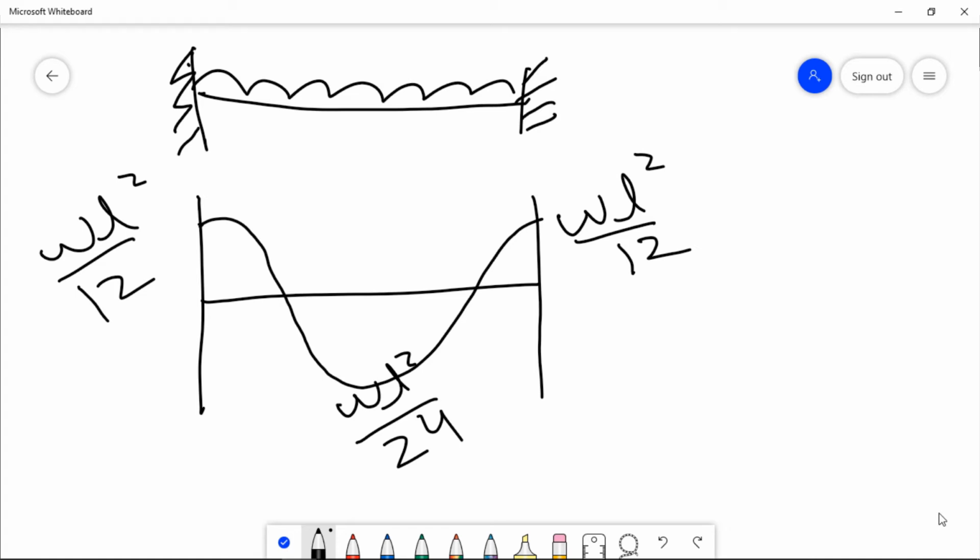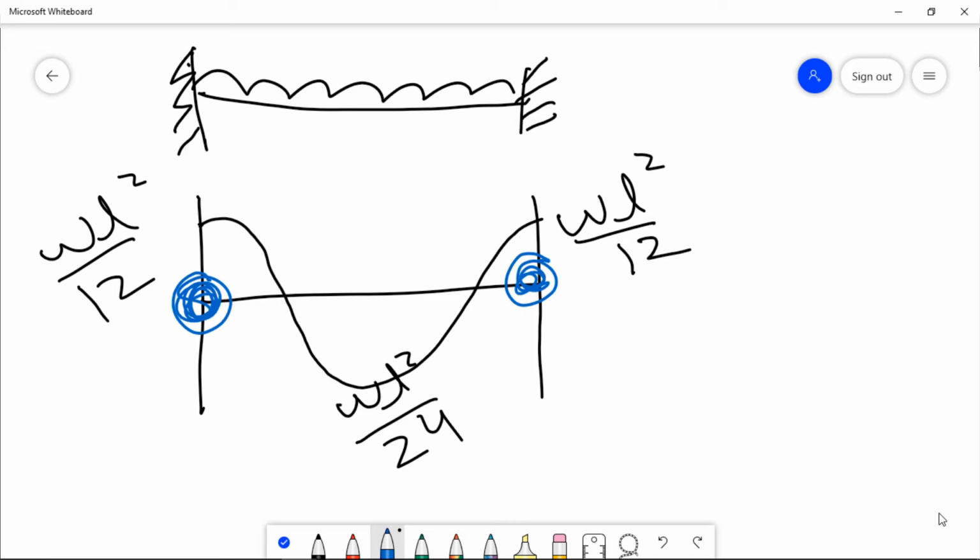So when the loading exceeds the moment capacity of this steel beam, first failure will start at the supports, because due to the load more moment is coming at the supports, wL²/12. So when due to the exceeding of loading against the capacity of this beam, the first yield points will form at this location and at this location.